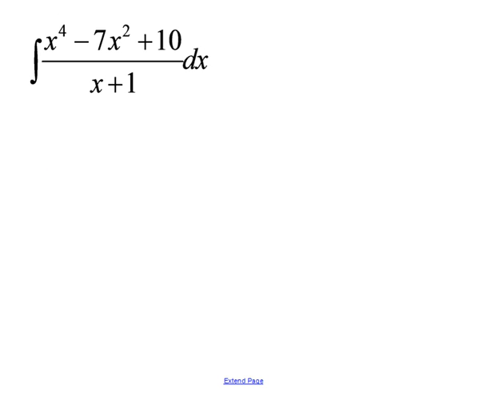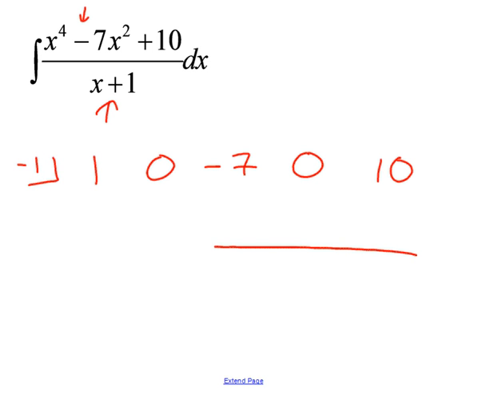Let's try another one. Again, my bottom is linear. It has x to the 1 power, so I can use synthetic division again. And I do -1. And this is a little trick: on my top, there isn't an x cubed term, so I have to assume the x cubed term coefficient was a 0, and then I'm going to have -7. There also is not an x term, so I need another 0, and I need a 10.